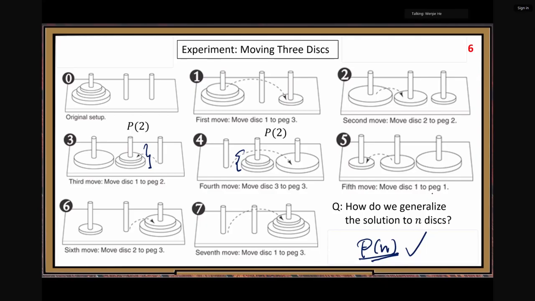Because if P of 3, now you have no problem that P of 3 is available, right? Do you have a problem with P of 4? It can be solved, right? P of 4 solution, you can make it. After you make P of 4, can you make P of 5?